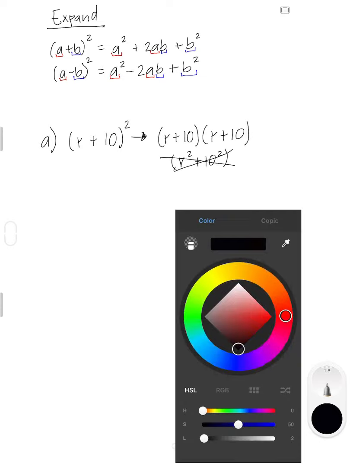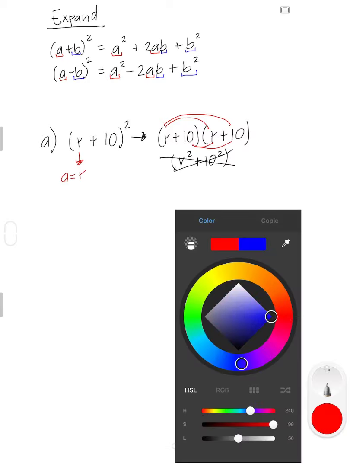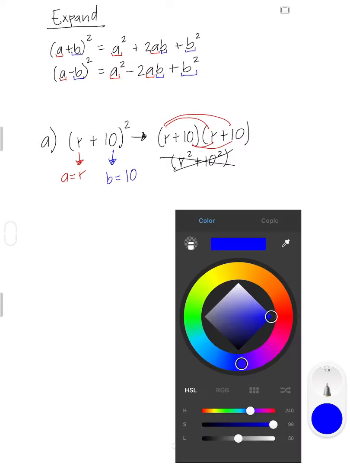Okay, so first let's go ahead and identify our a and b because I want to use the rules. I don't want to do the entire distribution. So r and then 10. So I can see that my a value is r, and my b value is 10.